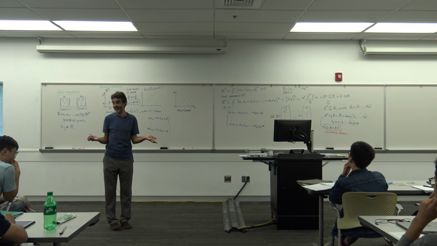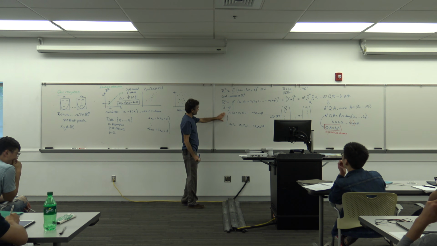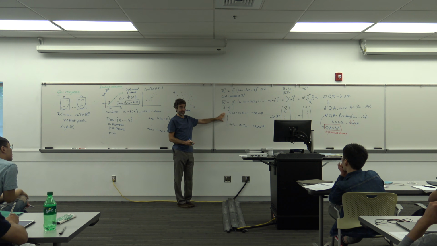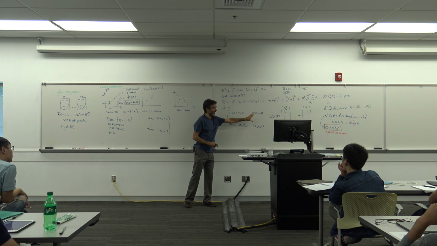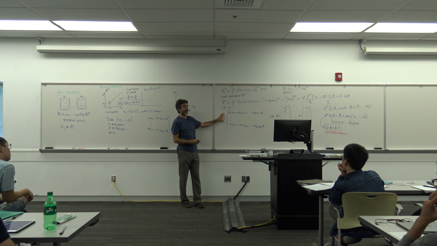Nothing's going to change. And the reason is because this system of equations is a homogeneous system of equations, right? Which means that on the one side we have all zeros, and therefore multiplying the left-hand side here by any scalar is not going to change the result, right?